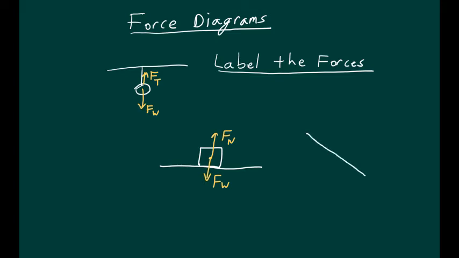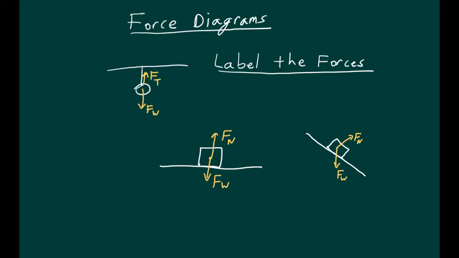Another very classic example, which we're going to do a lot, is what if you're on an incline? Okay, let's label those forces. Weight is always straight down. Notice how I draw the normal force. It is perpendicular to the surface. Okay. Now, normally this box would want to slide down, right, because of gravitational force.